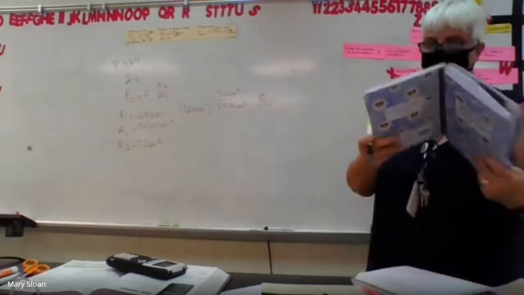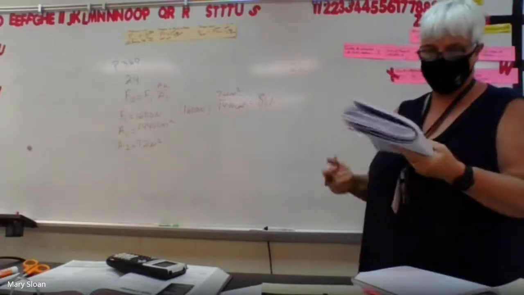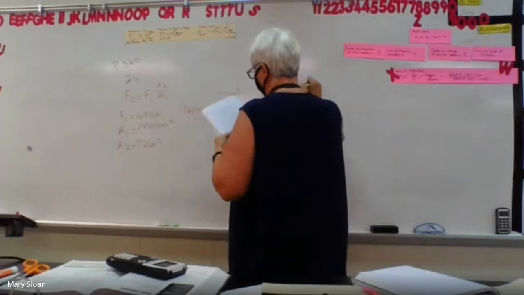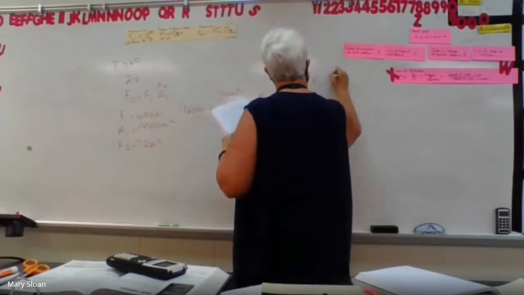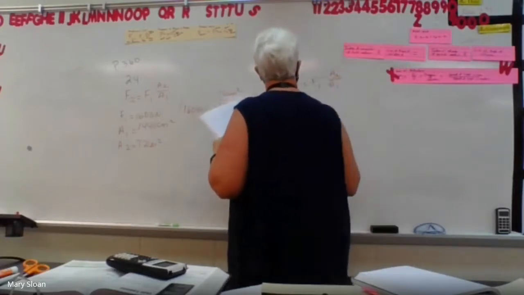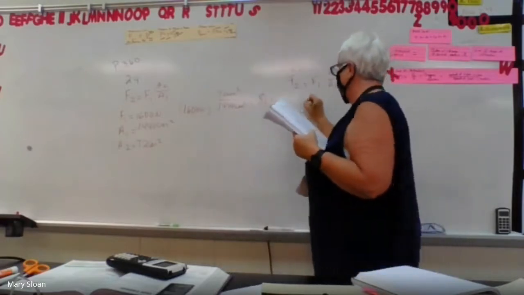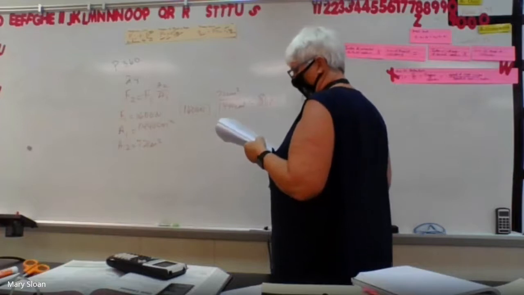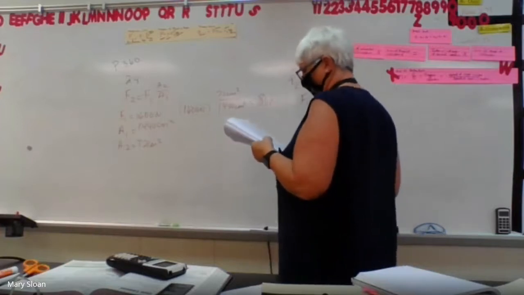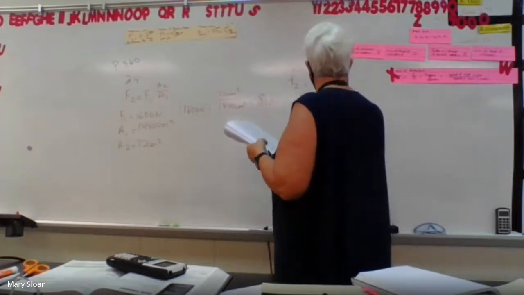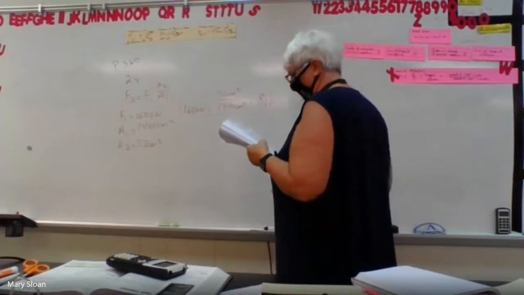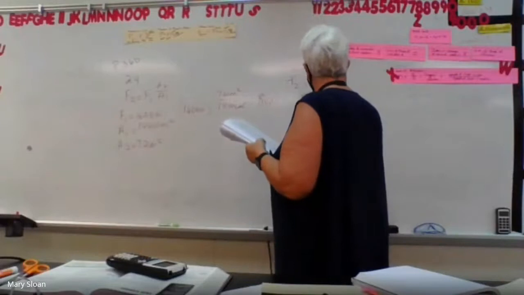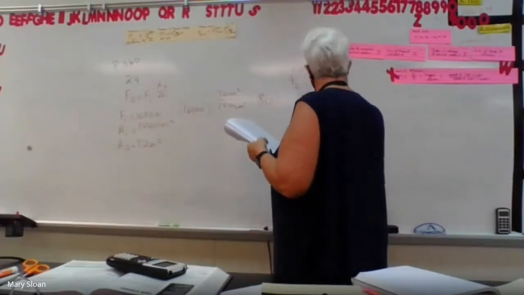Which one are we going to use this time? Same one. Force 2 equals force 1, area 2 over area 1. What is my force 1? 55 newtons. Very good. Anything that has newtons on it, right? What's my area 1? 0.015 meters squared.